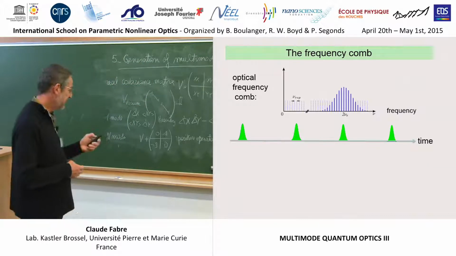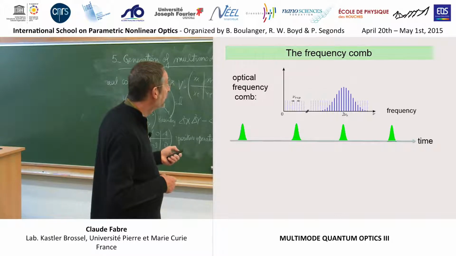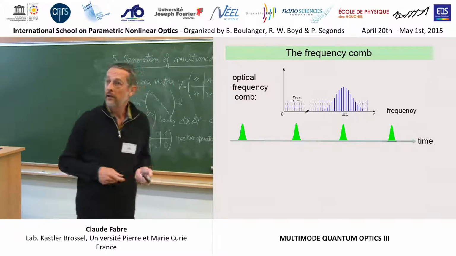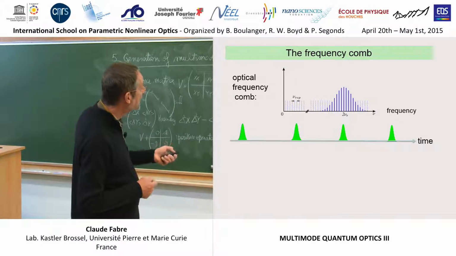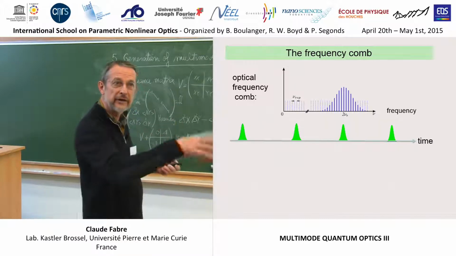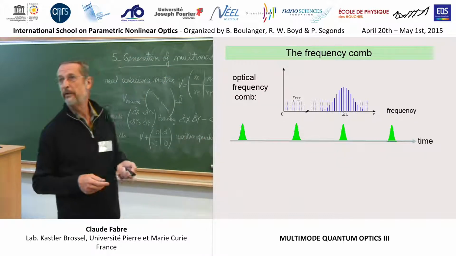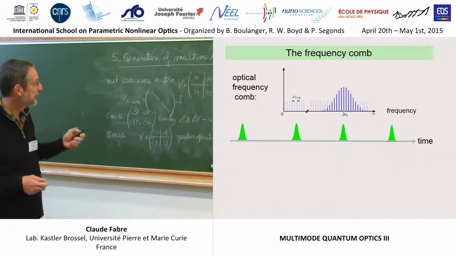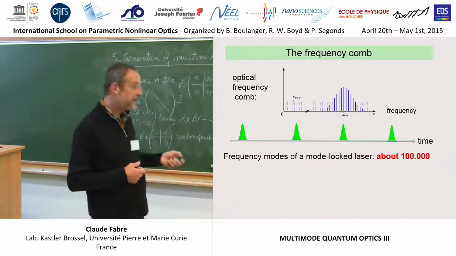So the frequency comb is nice with respect to this multimode approach, because of course it's a superposition of many frequency modes, okay? So this is in frequency, and in time, of course, it's a train of pulses. And the shape of the pulse is the Fourier transform of the envelope of the frequency components. Okay, this is very interesting for us.